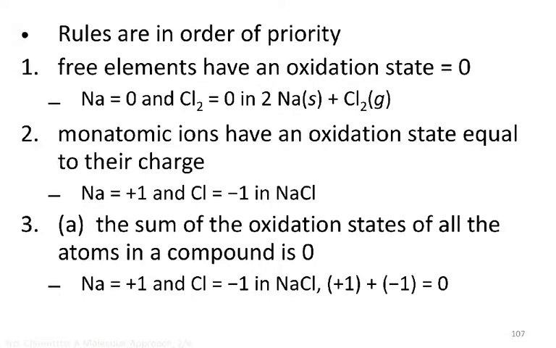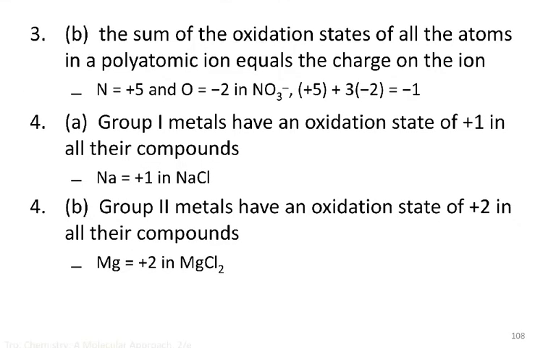Chloride is -1. 3A, the sum of the oxidation states of all the atoms in a compound is 0. 3B, the sum of the oxidation states of all the atoms in a polyatomic ion equals the charge on the ion. So for a compound, you need to get 0. If it's a polyatomic ion, it needs to equal the charge. Number 4, group 1 metals have an oxidation state of +1. Group 2 metals have an oxidation state of +2.